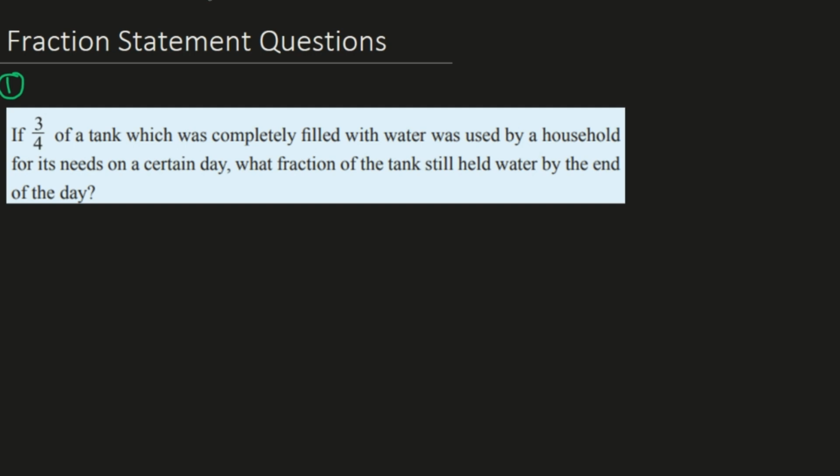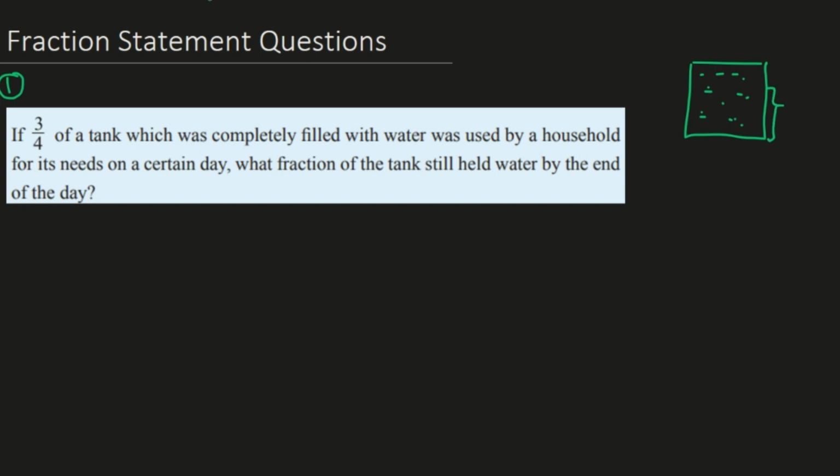What has happened? There's a tank which is completely filled with water like this, right? So, what has happened? 3/4 of a tank which was completely filled with water was used by a household. So, what portion had the household used?